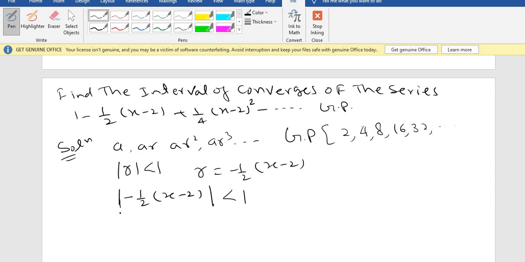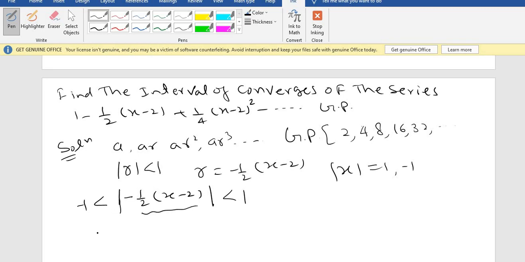You know that the modulus term is equal to plus 1 or minus 1 based on the sign of x. So we need to solve it for the radius of convergence. This term gives you the radius of convergence.